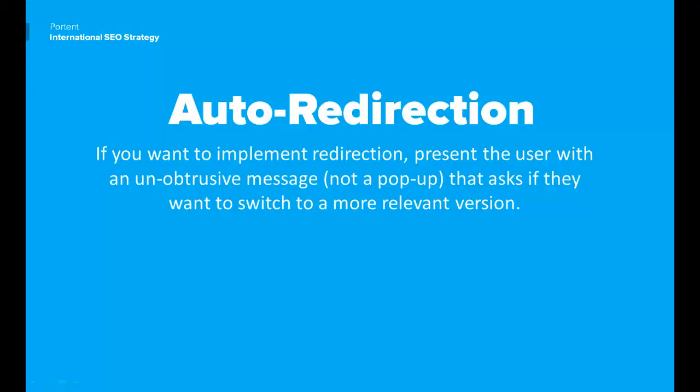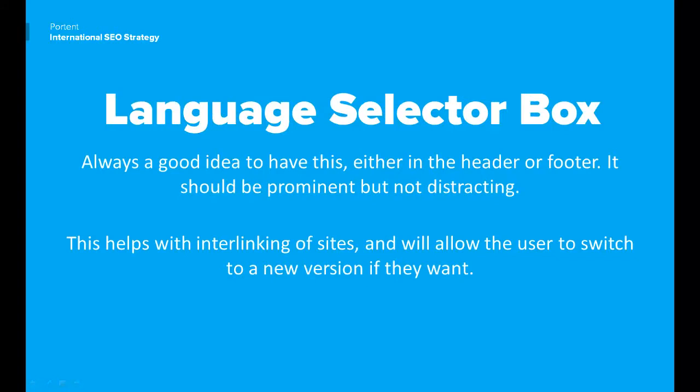So if you do want to go this route and auto redirect users, just make sure that you present the user with a really unobtrusive message, not a pop-up, not an interstitial, something that asks the user if they want to choose a more relevant version of your site, but that's not super annoying like a pop-up. And also, you want to make sure that you do have a language selector box.